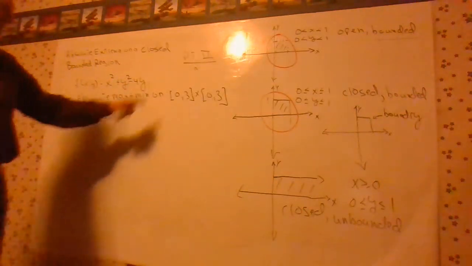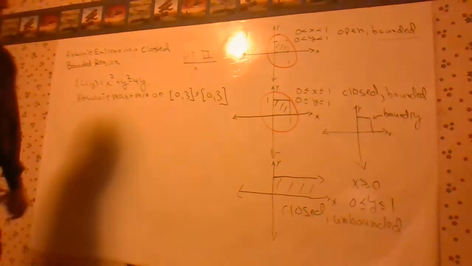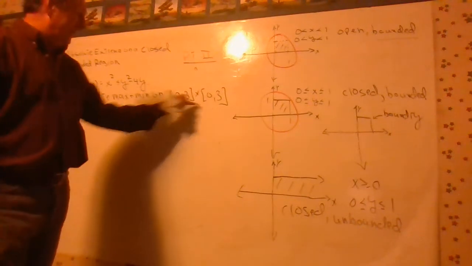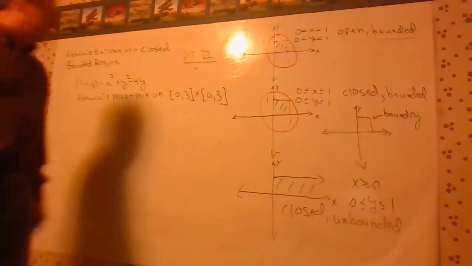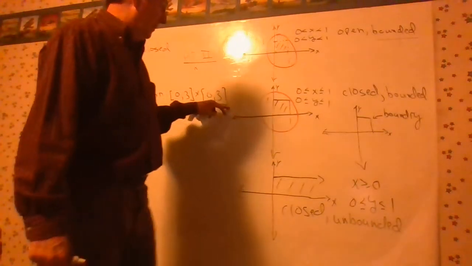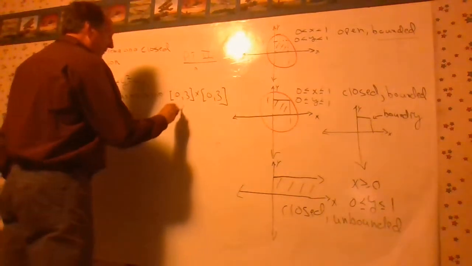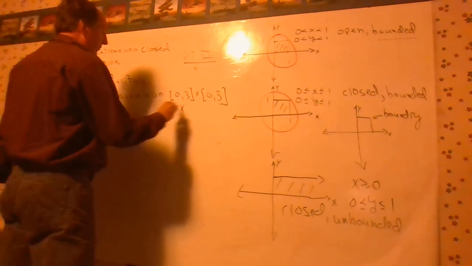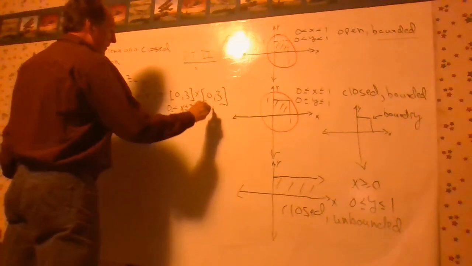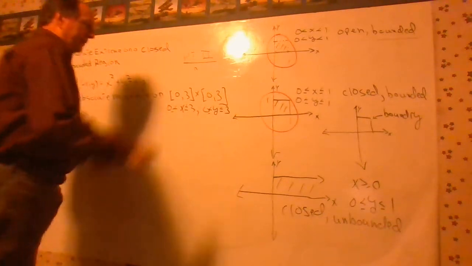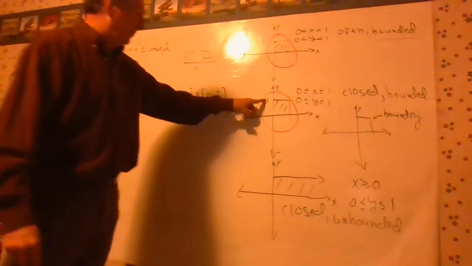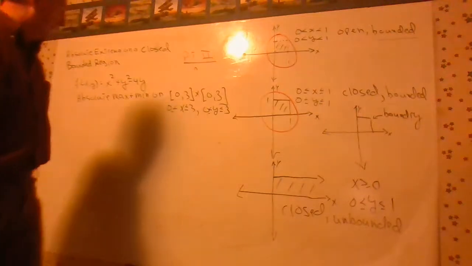This is what's called a Cartesian product, probably named after Rene Descartes. He was the father of analytic geometry, and he developed this notation. This is the same as saying x between 0 and 3 and y is between 0 and 3. So it's basically a square.